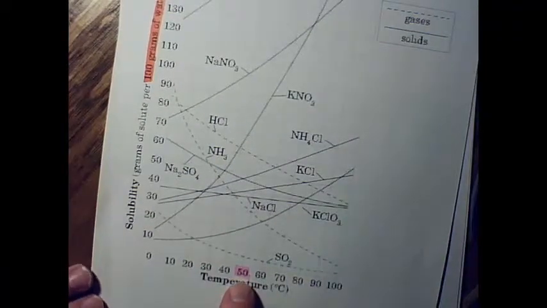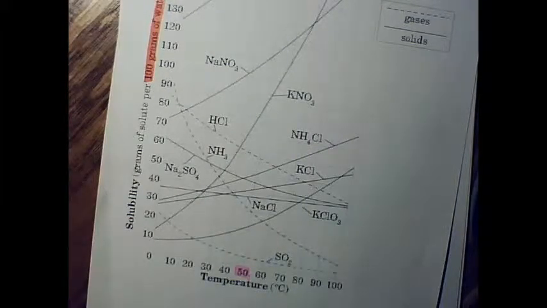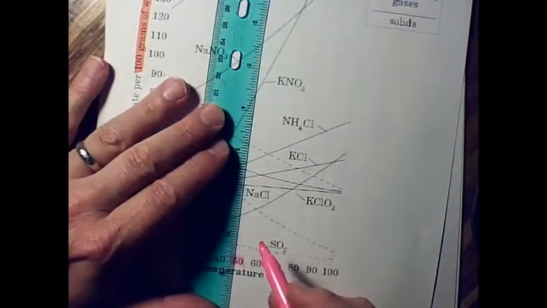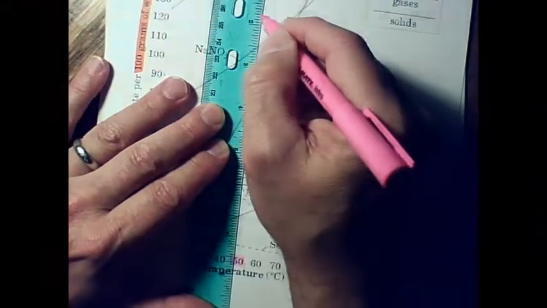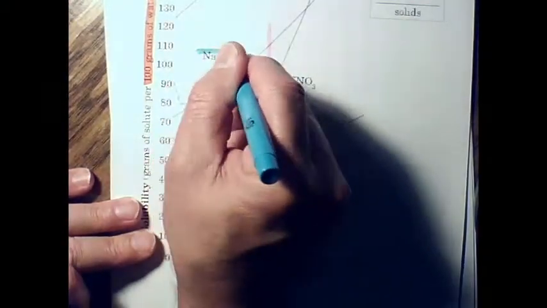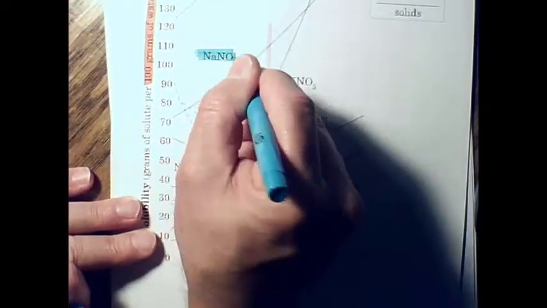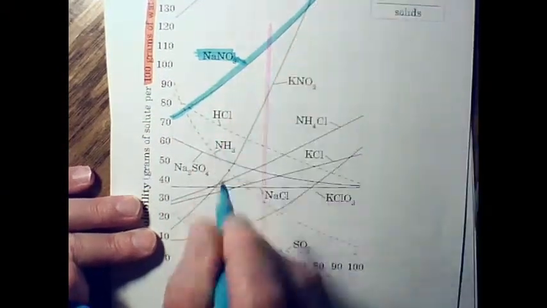in 100 grams of water. So 100 grams of water is what everything is dissolved in. 50 degrees C is this vertical line right here. And this is sodium nitrate. And so it's connected to this, as this curve right here is a solubility curve for sodium nitrate.